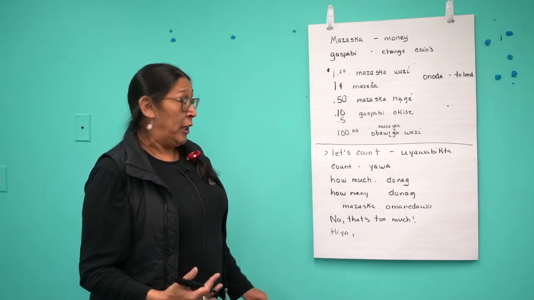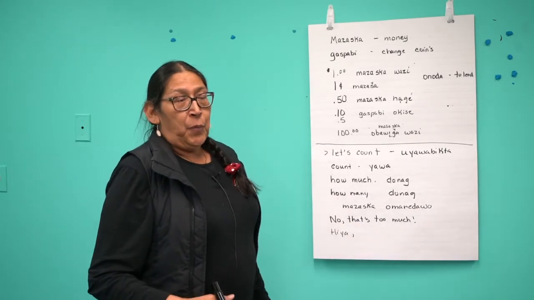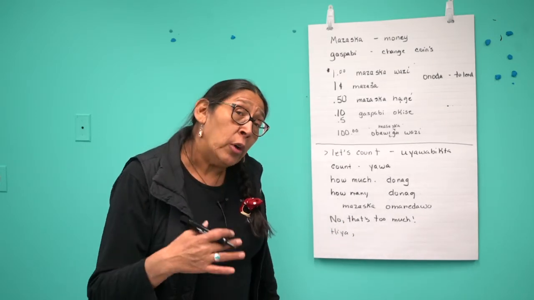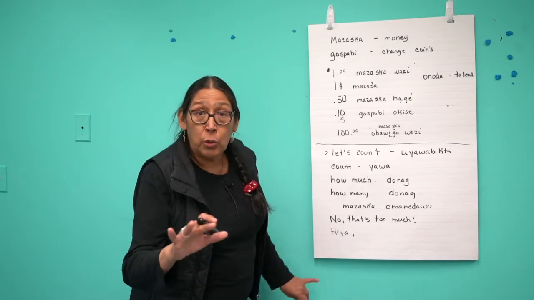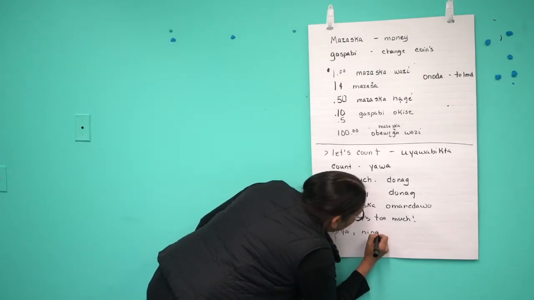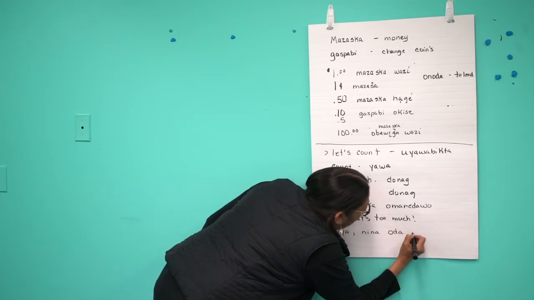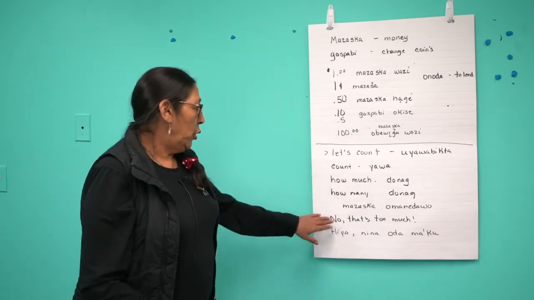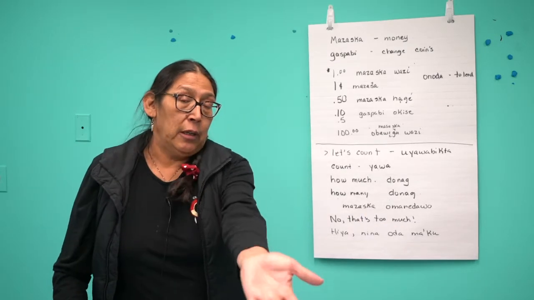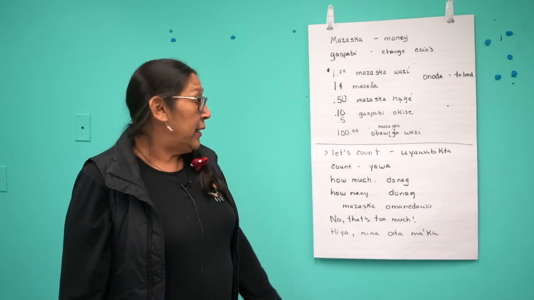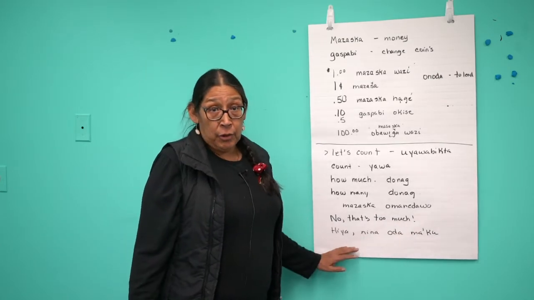Okay, no. Here. That's too much. So I'm going to change that. Nina oda mak'u. Here, you gave me too much. Instead of that's too much, because Nakoda is translated, I'm just going to say here. Nina oda mak'u. You gave me. So I'm saying, no, you gave me too much. There are other ways to translate that. There are no wrong ways to translate this.